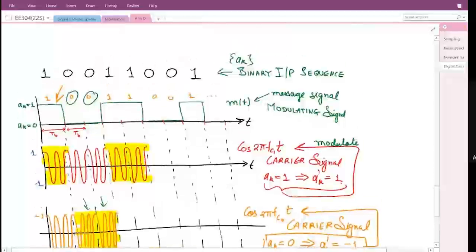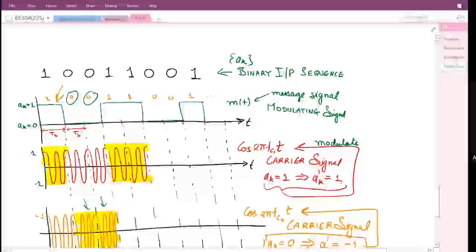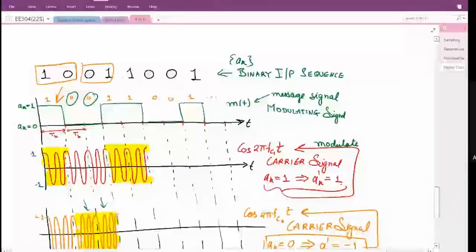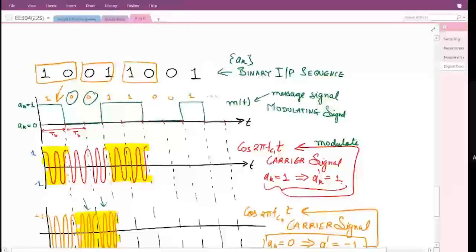So this is the most basic form of amplitude shift keying, phase shift keying, and frequency shift keying. Why? Because we are considering this one bit as the message signal. Now, the moment I say that there are blocks of 2 bits, how many possible combinations do we have? 4.